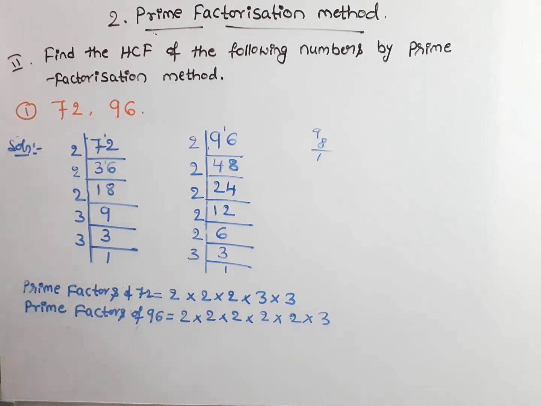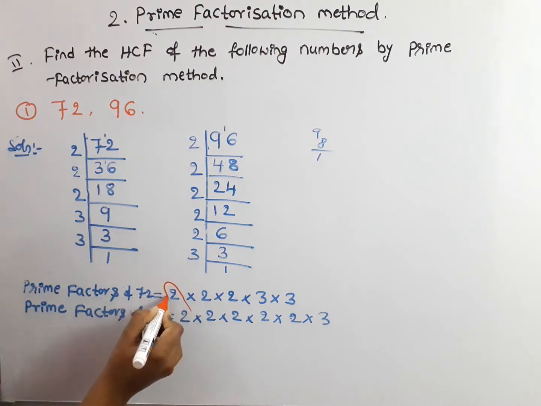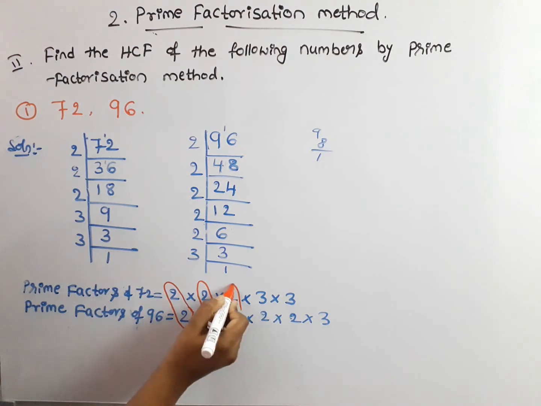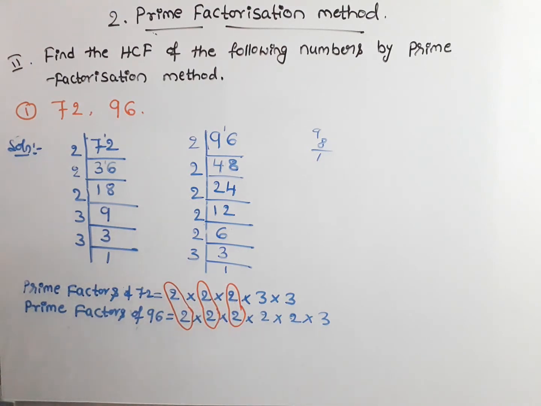So then again find the common prime factors. The common prime factors are 2, then 2, then 2, then 3.